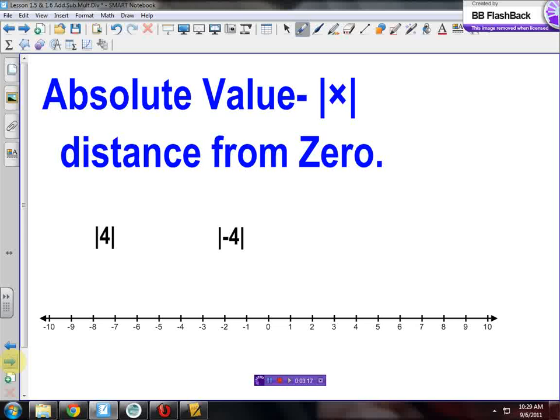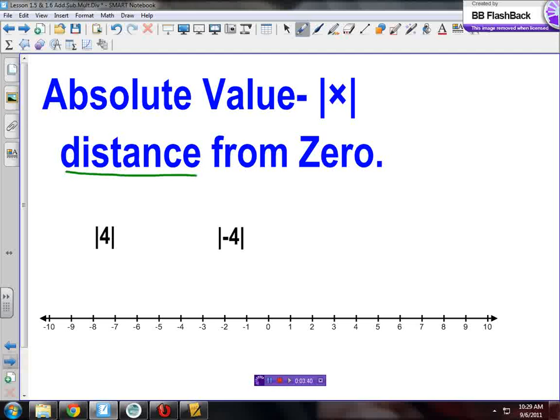And what does the absolute value do to a number? Makes it positive, right? If it's a positive number, it leaves it alone. If it's a negative number, it makes it positive, right? Now, that makes sense because if we talk about it as being a distance, is the distance ever negative? No, it's always positive.